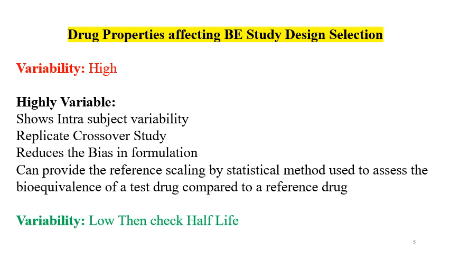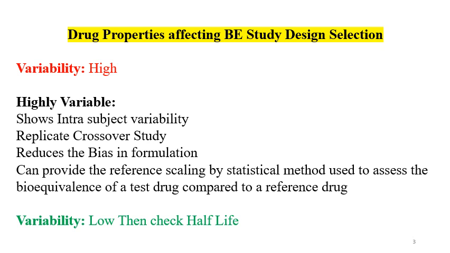This variability is intra-subject variability, and the general criteria is 30%, and the reference formulation should also show more than 30% intra-subject variability. Then you can go for the replicate crossover study, that may be full replicate or partial replicate.